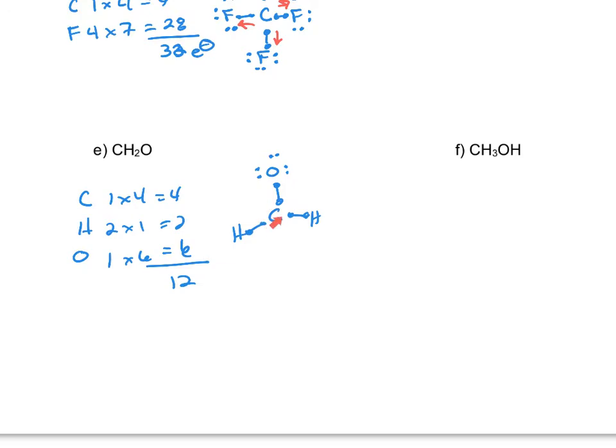And the way that we can fulfill this octet is we can potentially make a multiple bond here. So if we were to take this lone pair here and move it down into here to make a multiple bond, we would make the following Lewis structure.